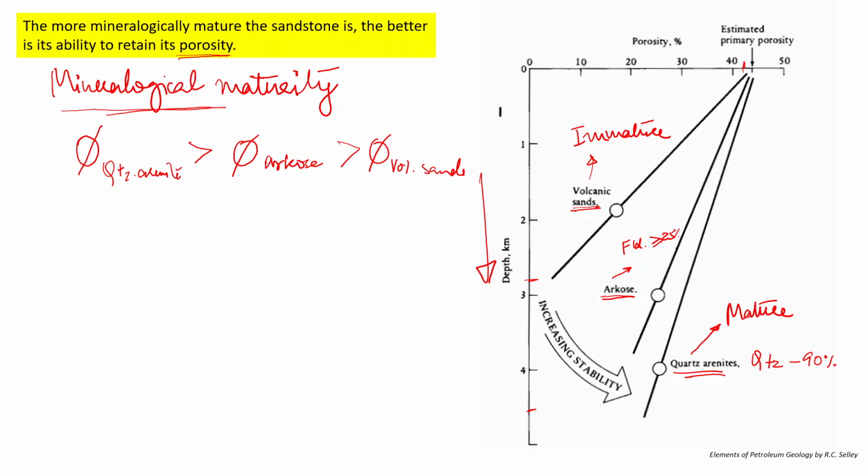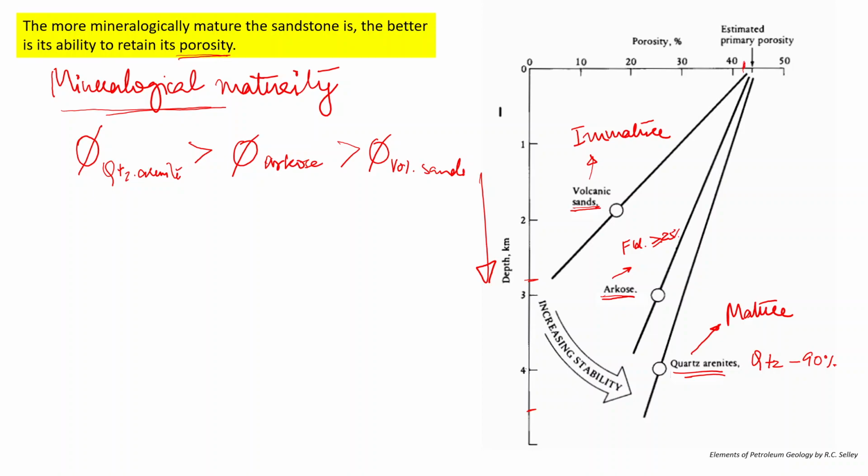You'll have to keep in mind the Bowen's reaction series as well as the stability series. In the Bowen's reaction series, the sandstones which have minerals that form first also weather first. So due to the changes in temperature and pressure, those unstable minerals are simply destroyed or changed, and then they lead to more compaction of the grains.